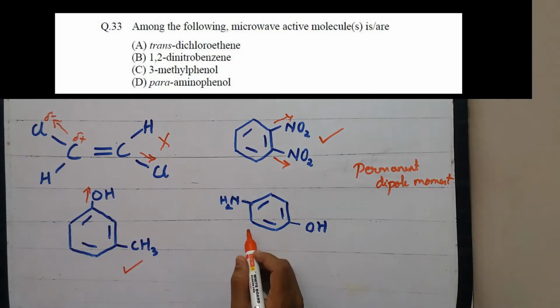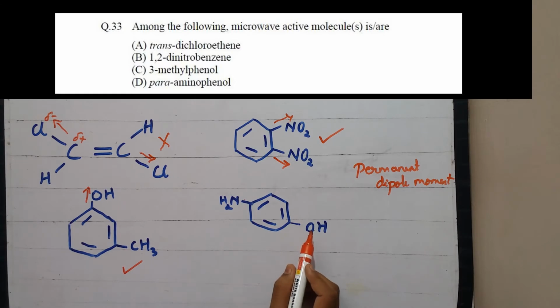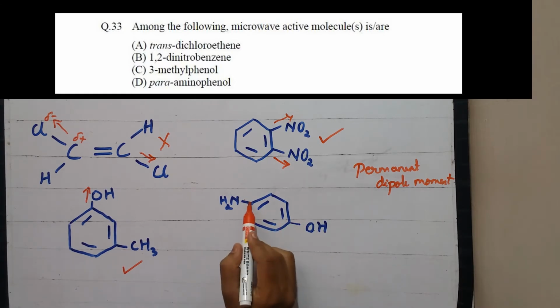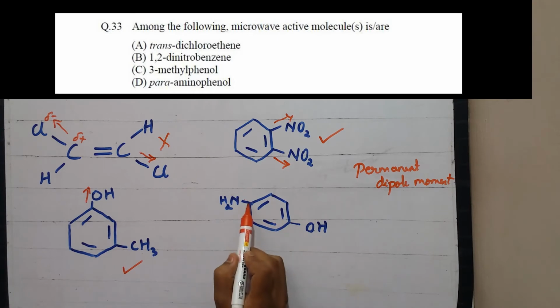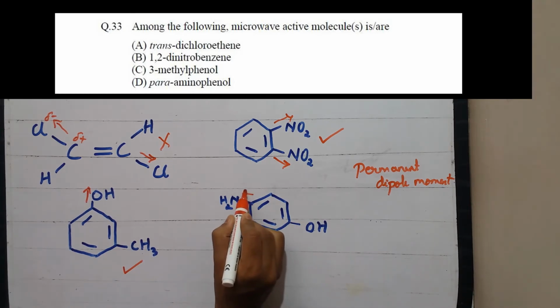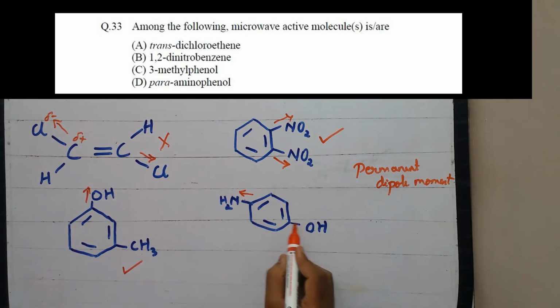Coming to this, that is para-aminophenol. The NH2 and OH are in the para position. The C-NH2 as well as the C-OH bonds are polar due to the electronegativity difference between C and O as well as C and N. Hence there are two dipole moments acting, in this direction for C-N and in this direction for C-O.